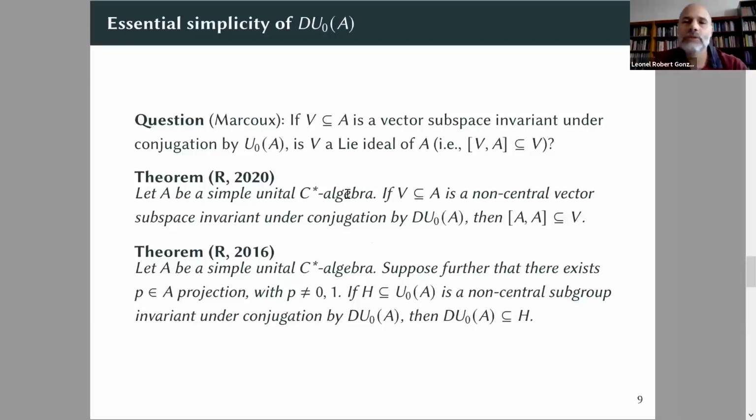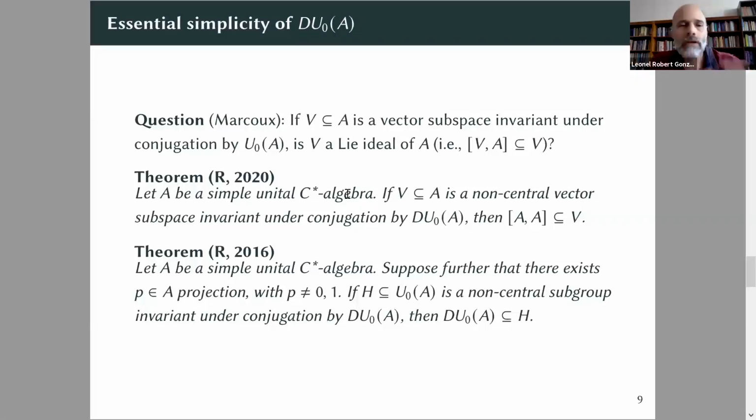If I have a vector subspace that is not contained in the center and is invariant under conjugation, and in fact, for our applications, we want invariance under conjugation by commutator unitaries to really understand the simplicity of the commutator subgroup, then again, you have this alternative: either it's contained in the center or contains all the commutators. I stated it as: if it's not contained in the center, then it contains the commutators. In particular, it will be a Lie ideal automatically.